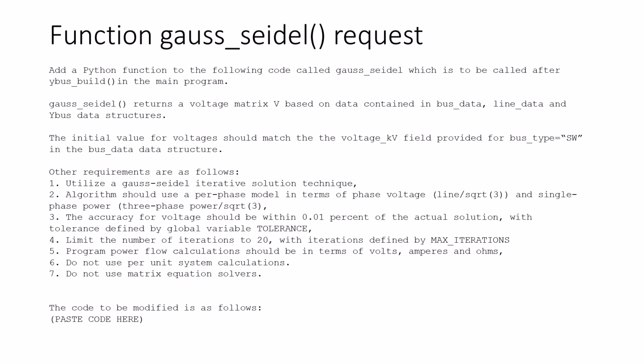Once we have a data structure and a Ybus Matrix function, then we can define the Gauss-Seidel function. In the AI tool request shown here, we define the program inputs and output, then provide details on requirements. Again, I am assuming that PowerFlow Gauss-Seidel algorithms are included in the AI tool training set. The requirements include the use of the tolerance and max iterations global variables to control the iterative process.